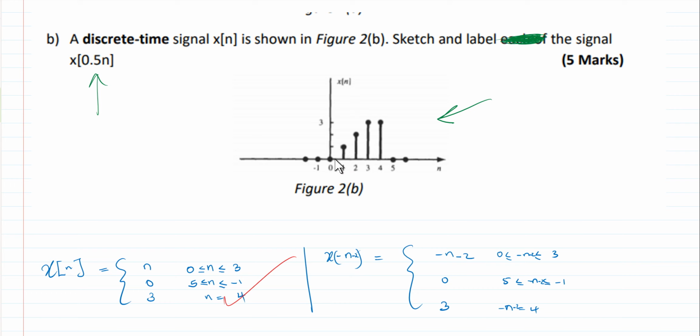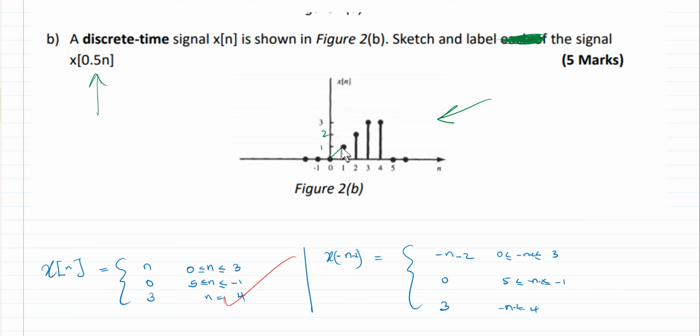And here I observe that when n is 0, x of n is 0. When n is 1, x of n is 1. When n is 2, x of n is 2. And when n is 3, x of n is 3, up to that point.